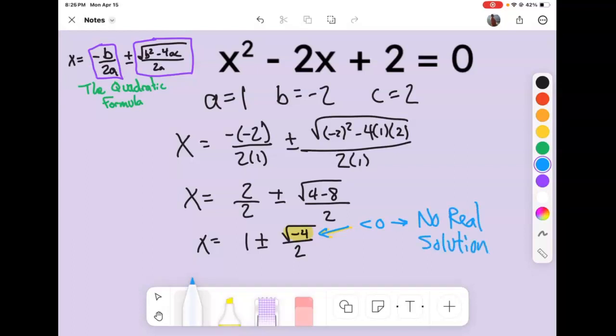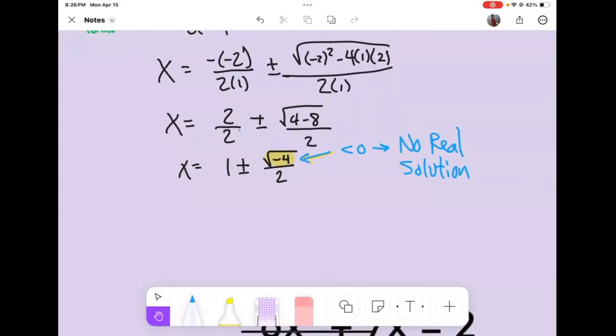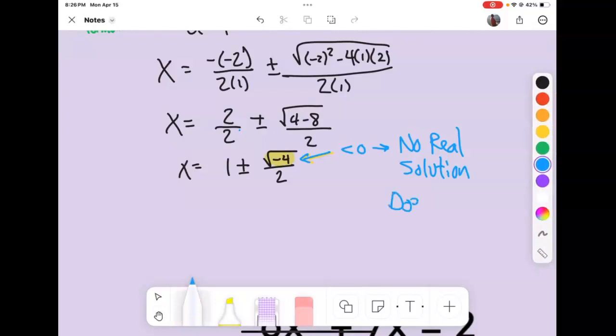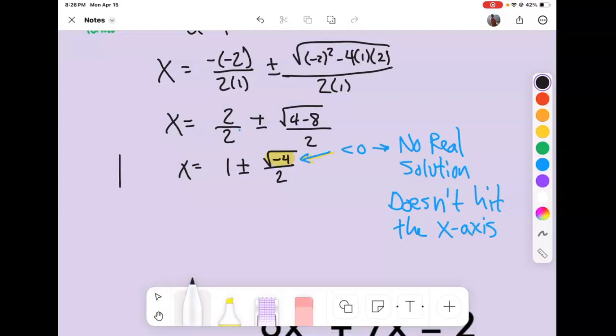And what that means, if we are looking at this on a graph, is that it doesn't hit the x-axis.